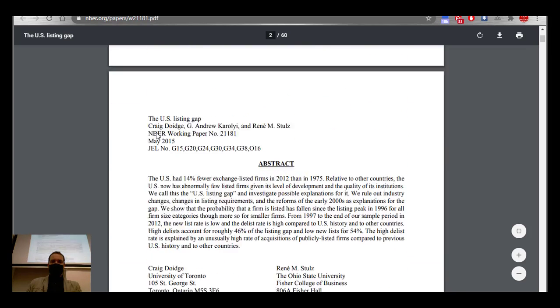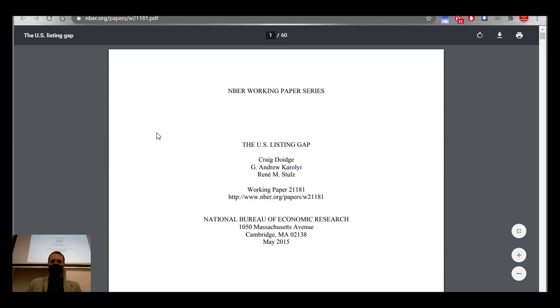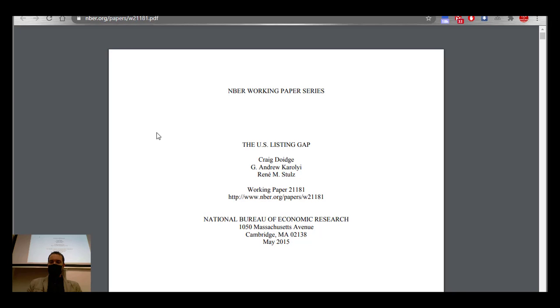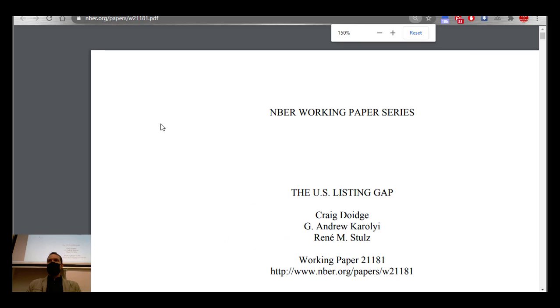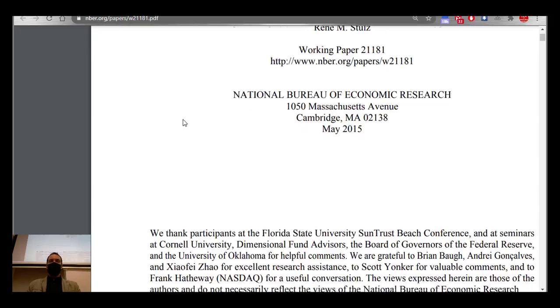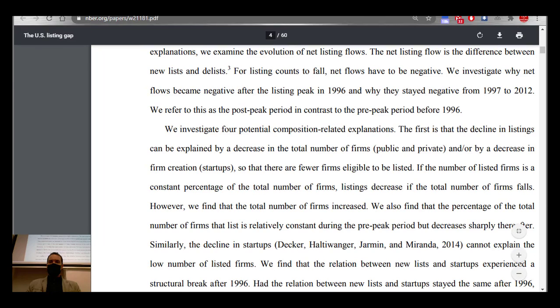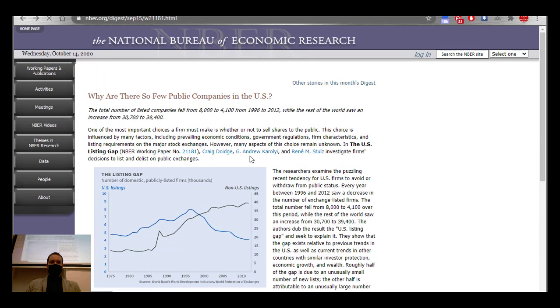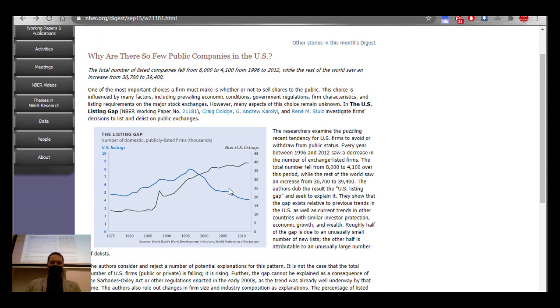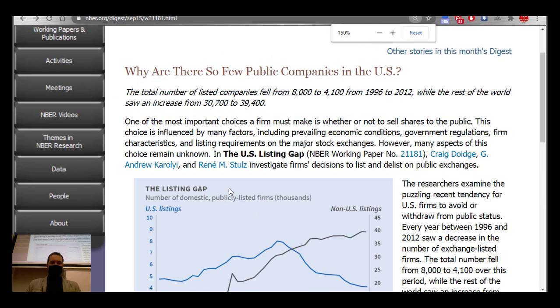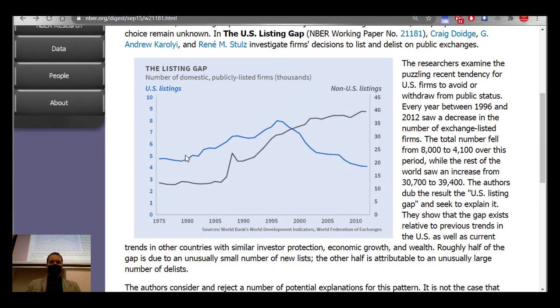And actually they were writing and publishing this paper because even in the US, the number of publicly listed companies is decreasing or stagnating since 2000. After that, they were analyzing this. Maybe if I'm going back, then we can see this is the number, in thousands, of listed companies in the US.